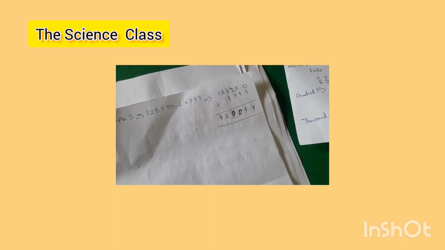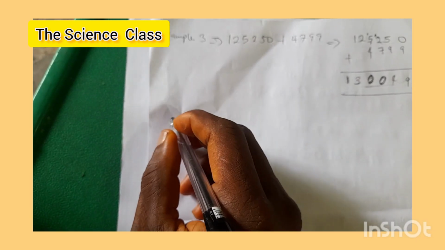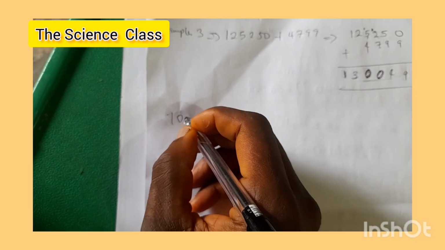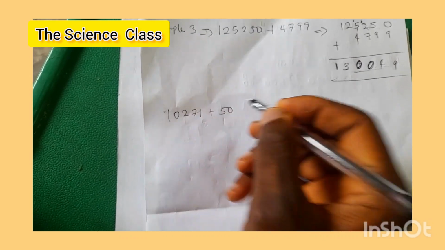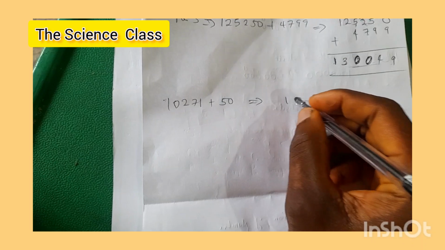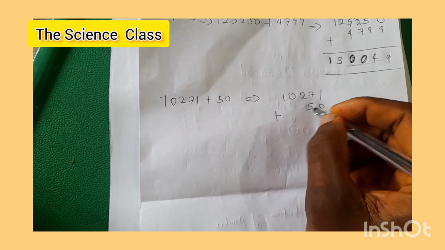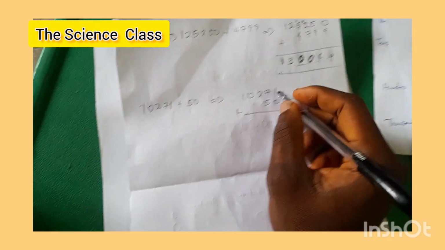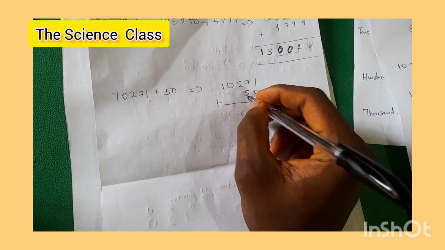Okay, so yet another example for the addition. You have something like 10,271 plus, say, 50. It goes like this: 10,271 plus 50. So you have 1 plus 0 is 1. 7 plus 5 is 12.